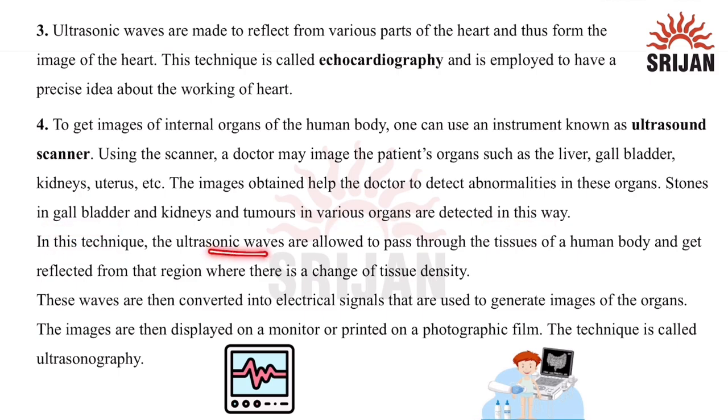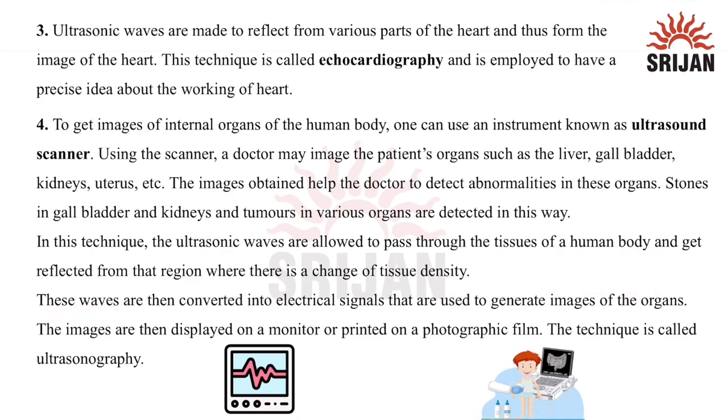In this technique, the ultrasonic waves are allowed to pass through the tissue of the human body and get reflected from the region where there is a change of tissue density. In case of a tumor, the tissue density is higher at a particular place, so the waves will get reflected back from there and the doctor can see that there is a problem inside that tissue.